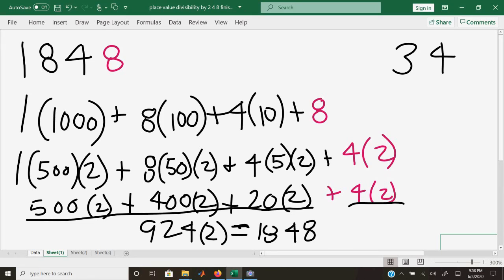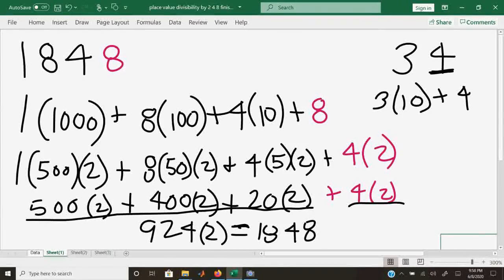If I try to do that with 4, though, if I look at 34, if I try to divide that by 4, I find that it's not divisible by 4. That's because I cannot break 10 up into something times 4. 10 is not divisible by 4.